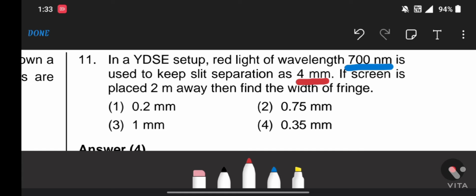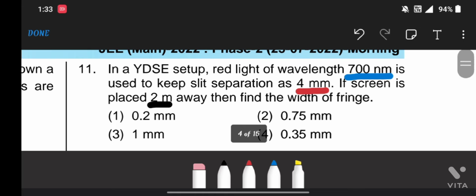If the screen is placed 2 meter away, we have to find the width of the fringe. The options are 0.2 millimeter, 0.75 millimeter, 1 millimeter and 0.35 millimeter.